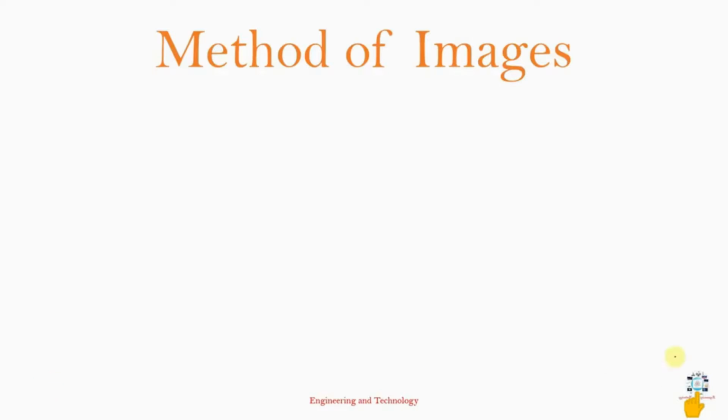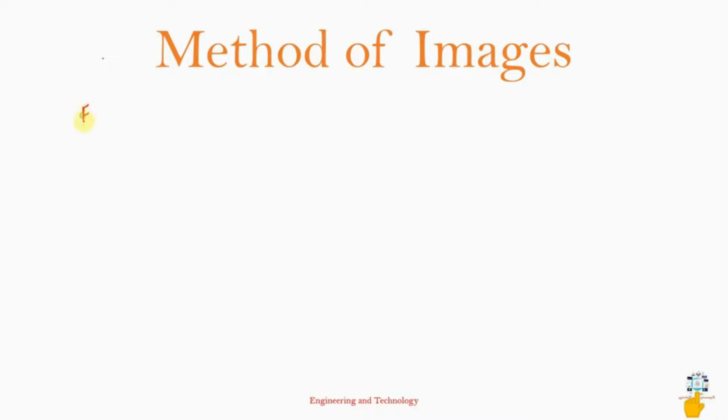Welcome all. Today we will discuss the method of images, and what role it plays in electromagnetics to solve some special problems in which we do not have the charge distribution on the surface.